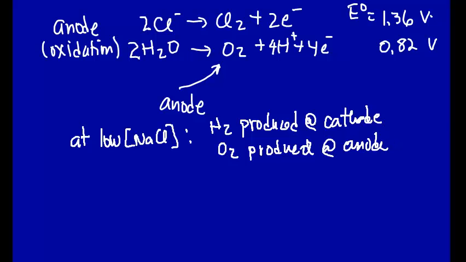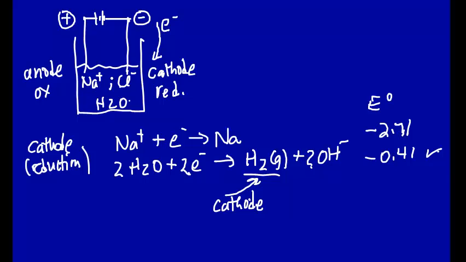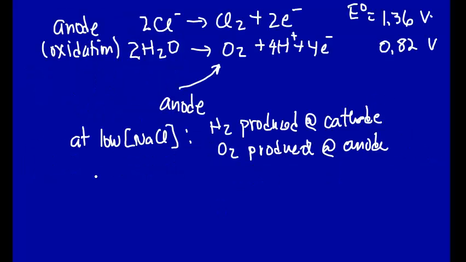Now let's do the same experiment where we have a high concentration of sodium chloride, high being like 1 molar instead of like 10 millimolar. You do the experiment, we're not going to calculate this.